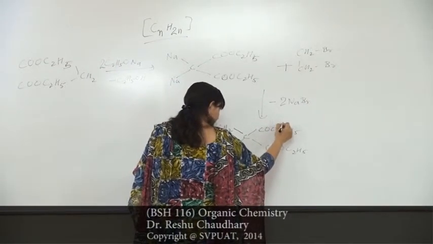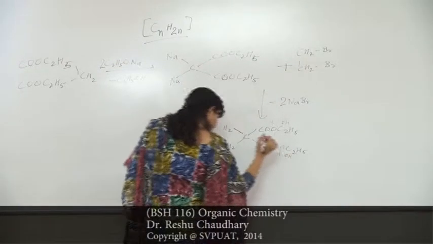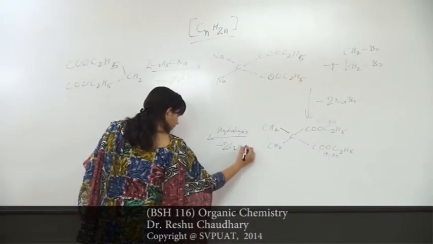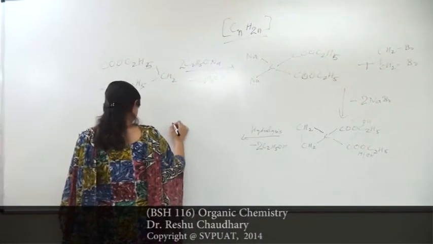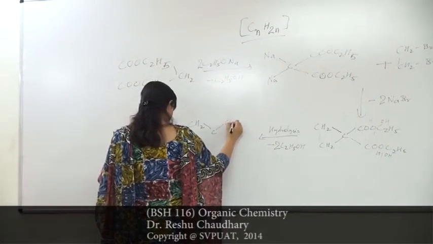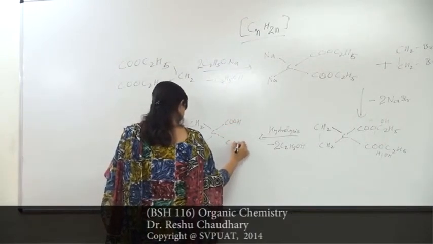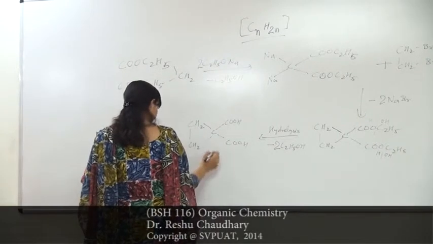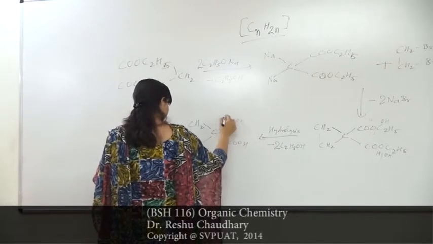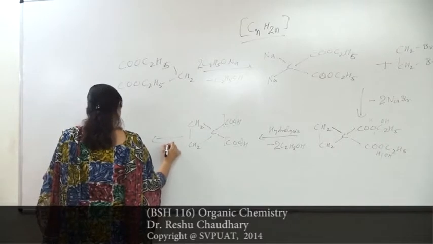then here will be H and here will be OH, same here H and here OH, then two molecules of C2H5OH will come out and the next intermediate product will be formed. Here these two molecules of CO2 will come out.